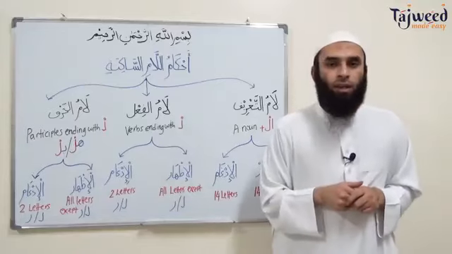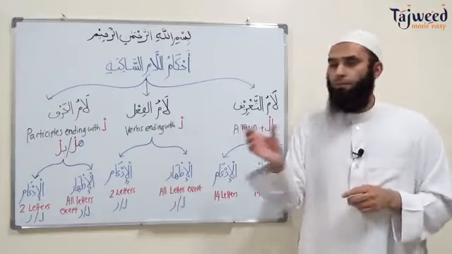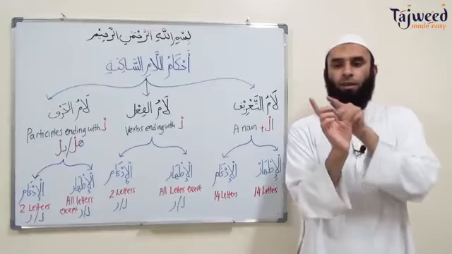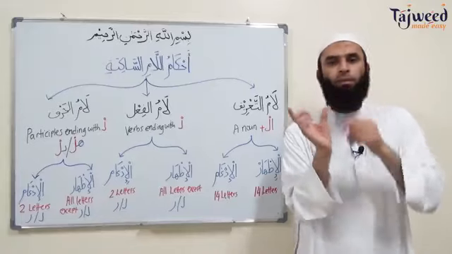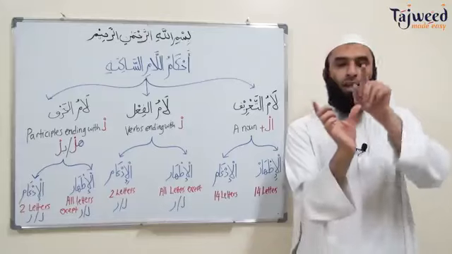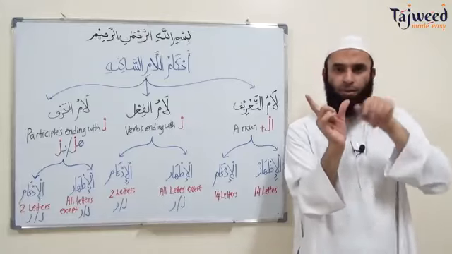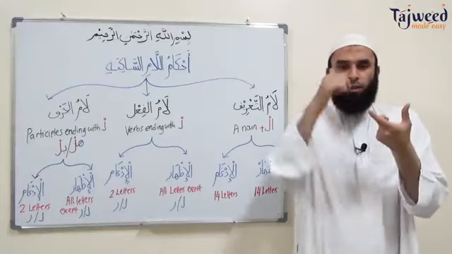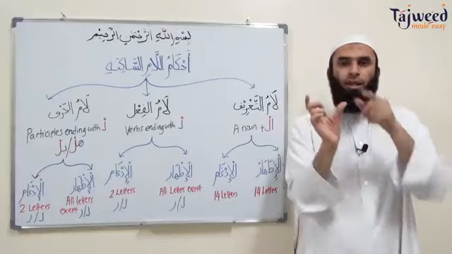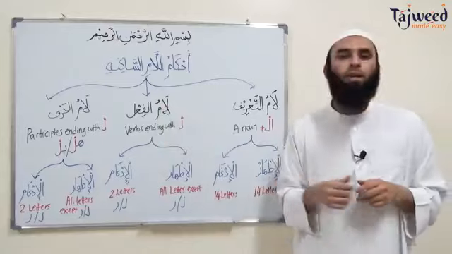Likewise, in the fi'l, in verbs, imagine I have a verb here. Laam al-fi'l comes at the end of the verb. So imagine the verb ends with the Laam as-Saakinah. The beginning of the second word, depending on which letter, will have an effect on how we pronounce this Laam in the verbs.